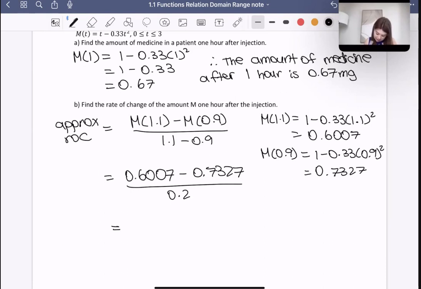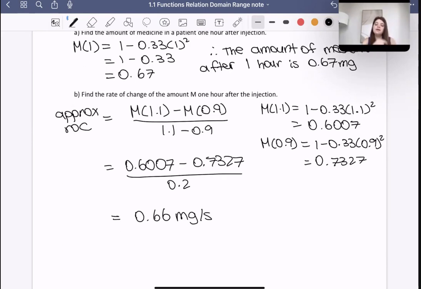Okay. Milligrams per second. And there we have it.